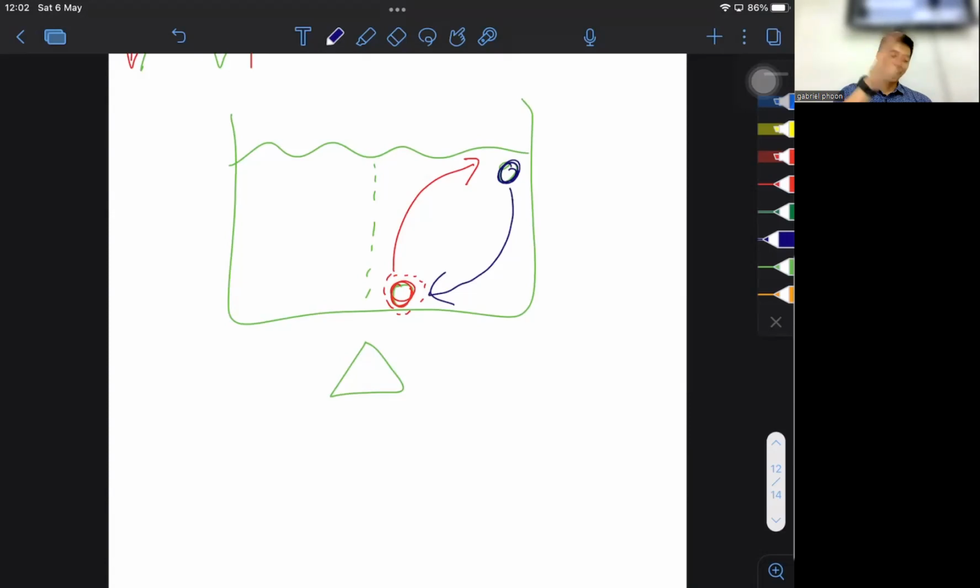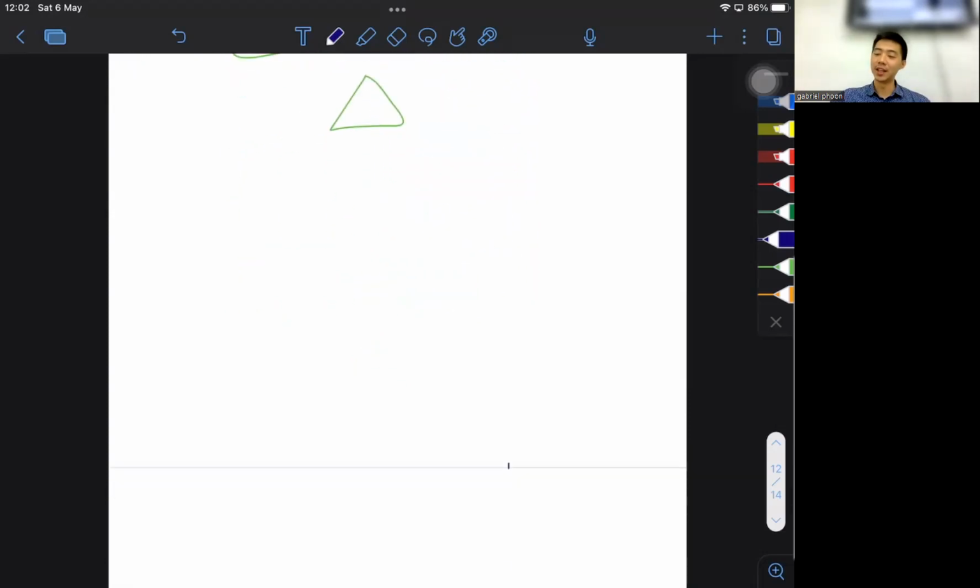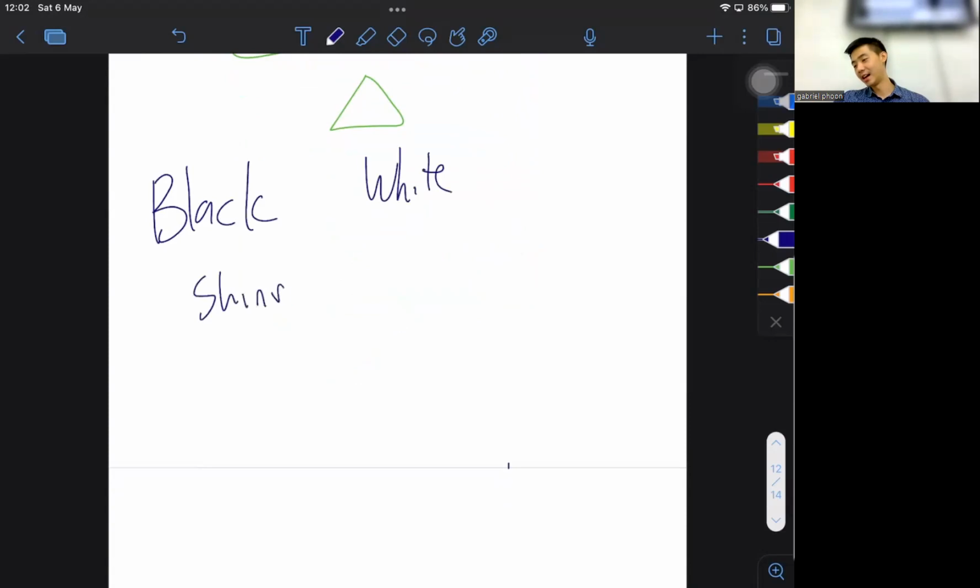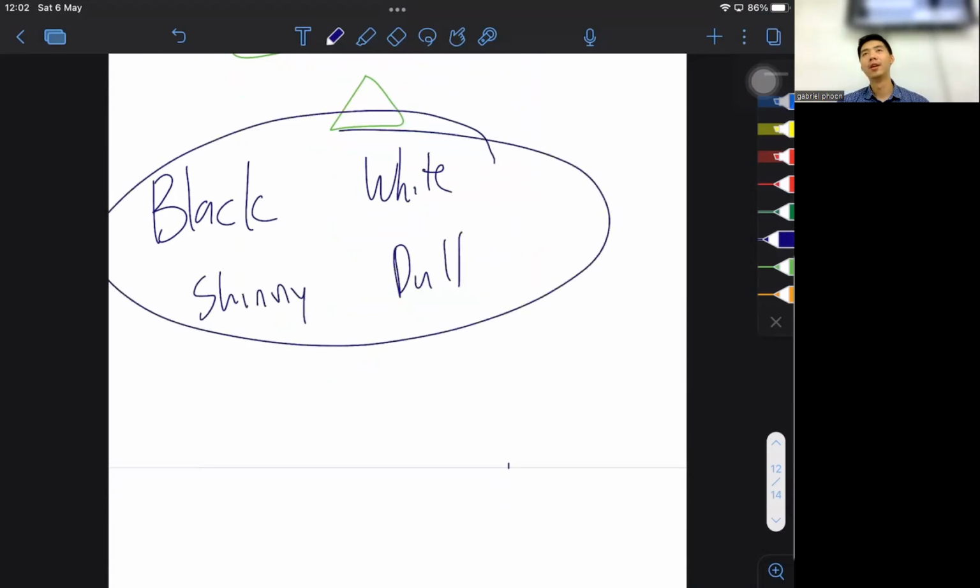Okay, guys, understand this part, right? Then in your exam on Tuesday, on Wednesday, if you see these keywords, black, white, shiny, dull, what are they trying to test you on? Yes, very good. For sure, they're asking you on radiation. And in terms of radiation, black and white, what are their characteristics?